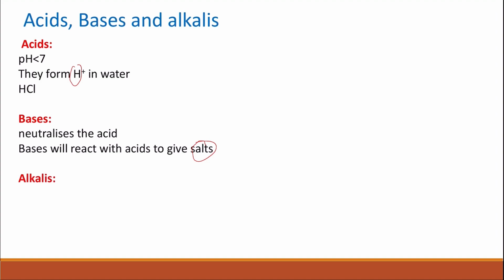An alkali is still a base, but it's a base that will give OH ion or hydroxide ion in water. So bases don't have to give OH ions in water, but alkalis are a type of base that will give hydroxide ion in water.